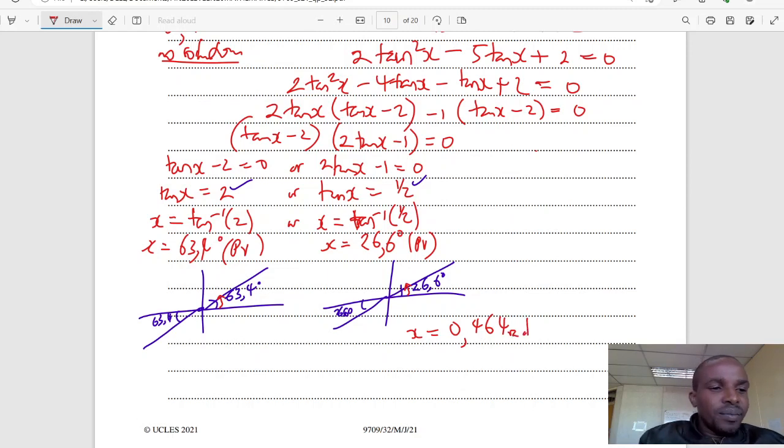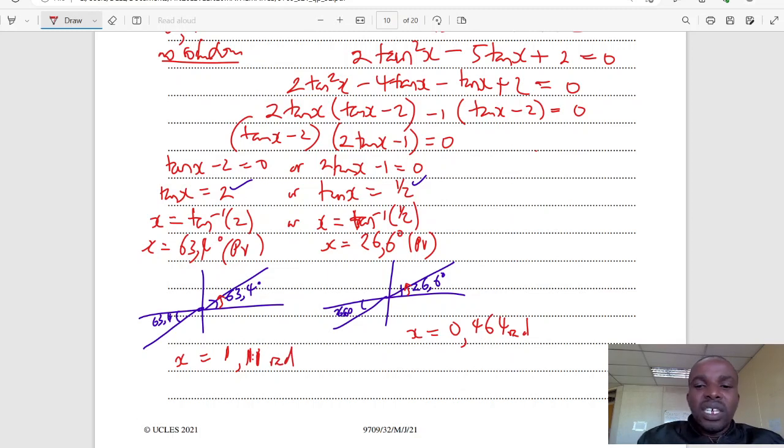Then this part is 1.1 to 3 significant figures. 1.11, right, like this, because 1.107, so it's 1.11 in radians.